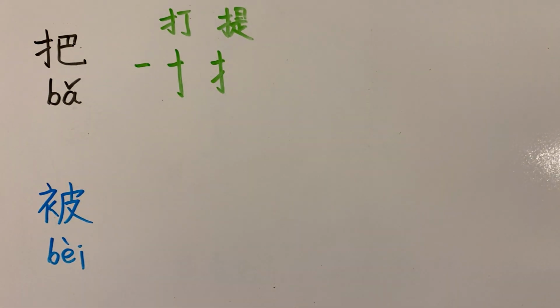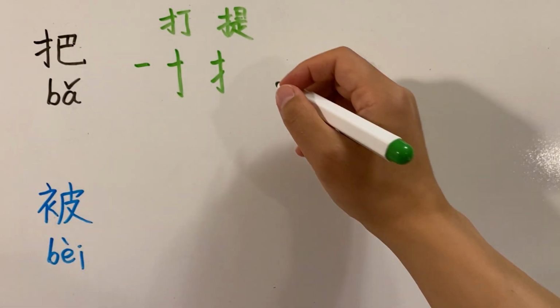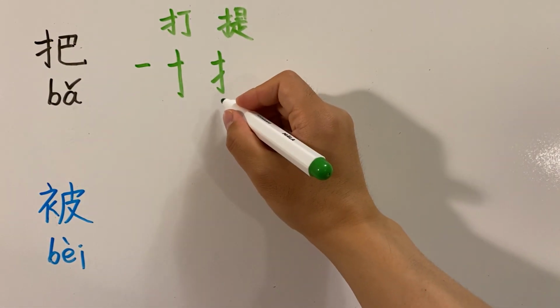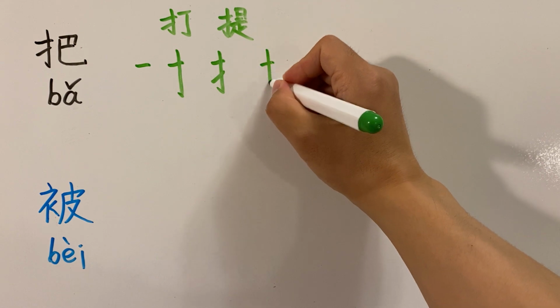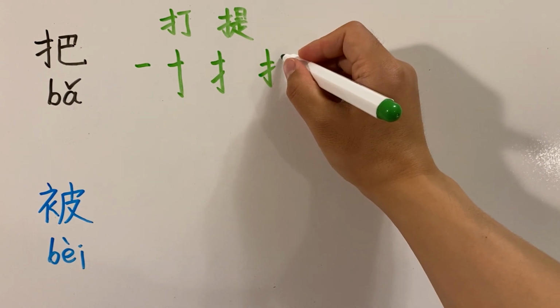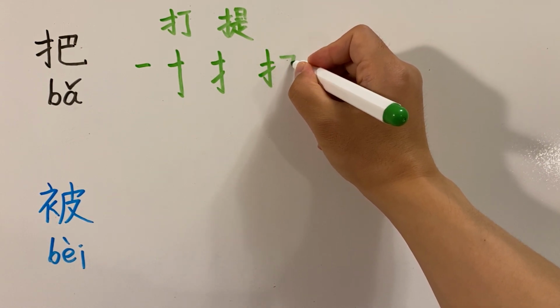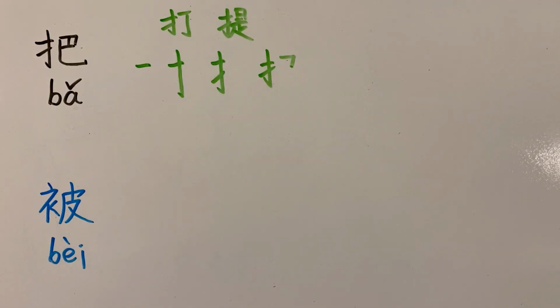This is the left part and the right part. 横折 means a horizontal stroke followed by a turn.